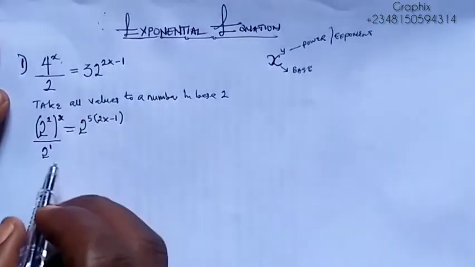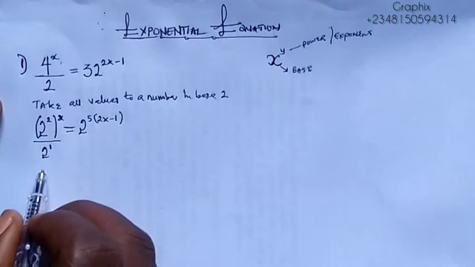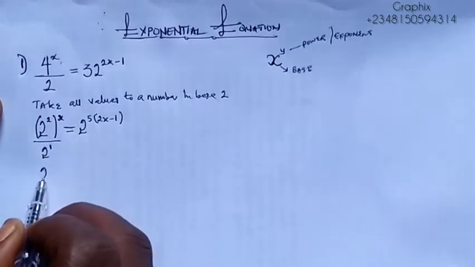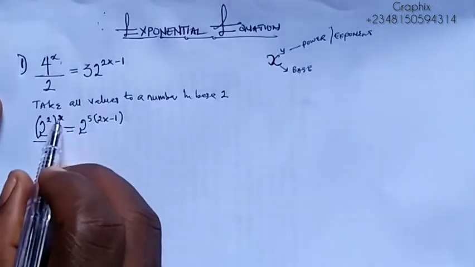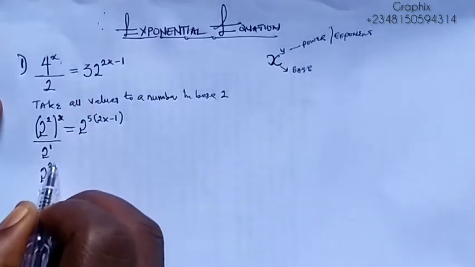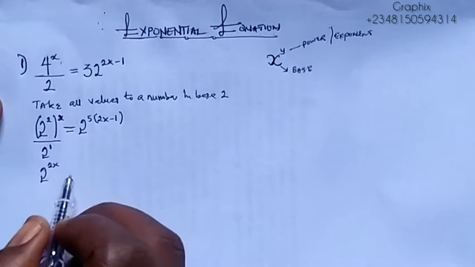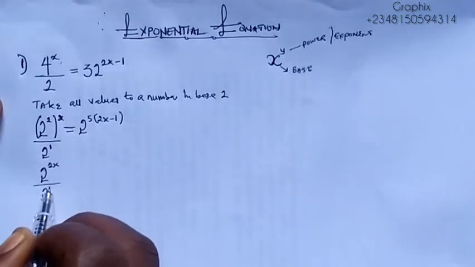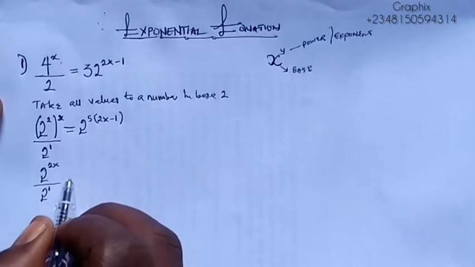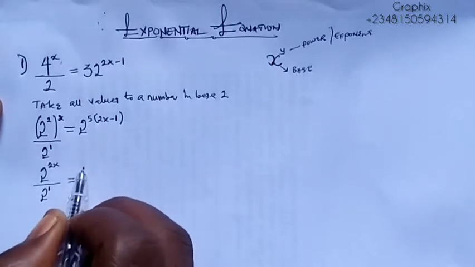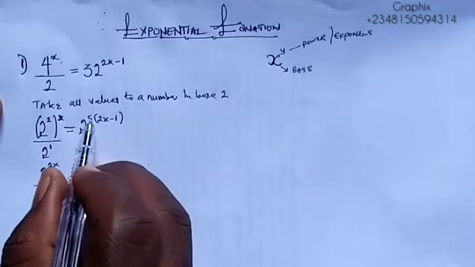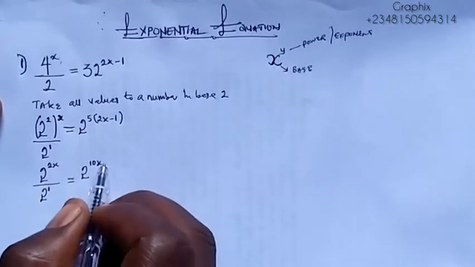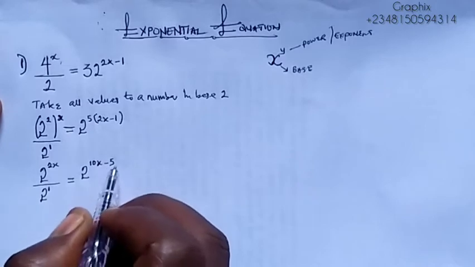Now this can further be written as 2 raised to the power of 2 times x, which gives 2x, all over 2 raised to the power of 1. It equals 2 raised to the power of 5 times 2x, which gives 10x, and 5 times 1 gives minus 5.